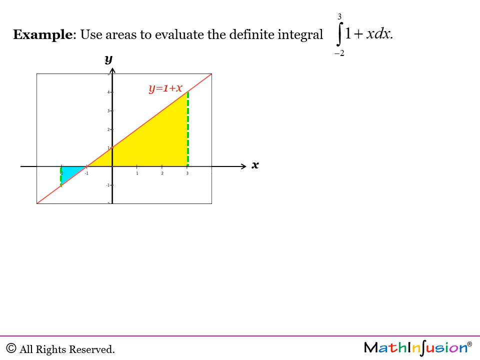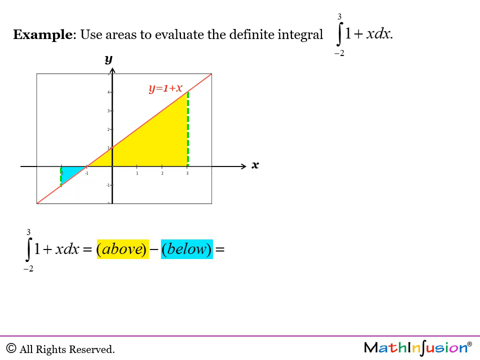Because we have just 2 simple triangles, we can find the area of each one. This definite integral is the area above minus the area below. What is the area above? The base of this triangle is 4 units and the height is 4 units.